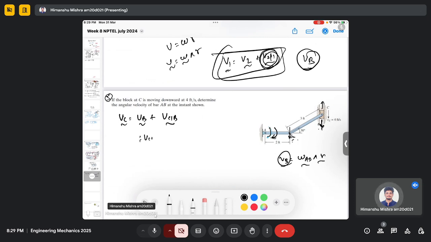So this relative velocity between C and B will be omega CB cross RCB. This is omega CB because this is also rotating.